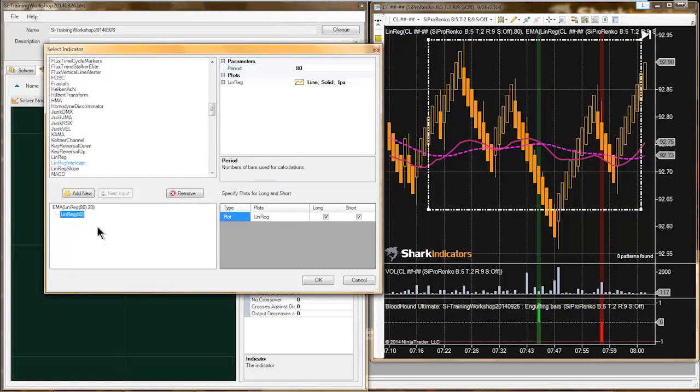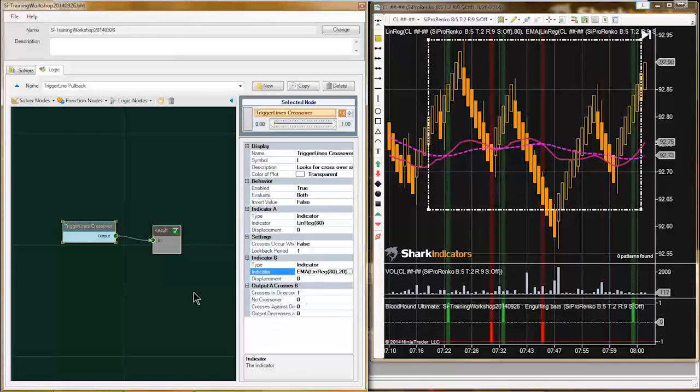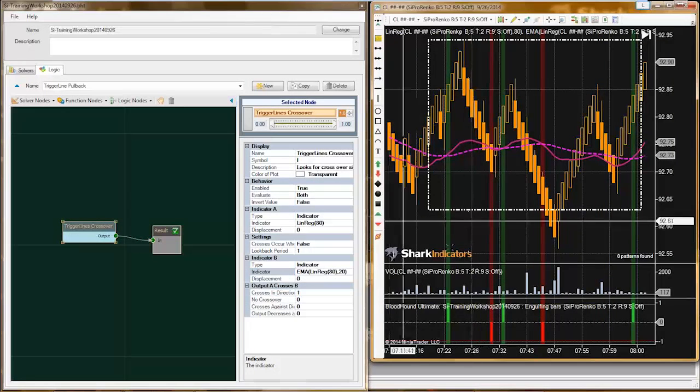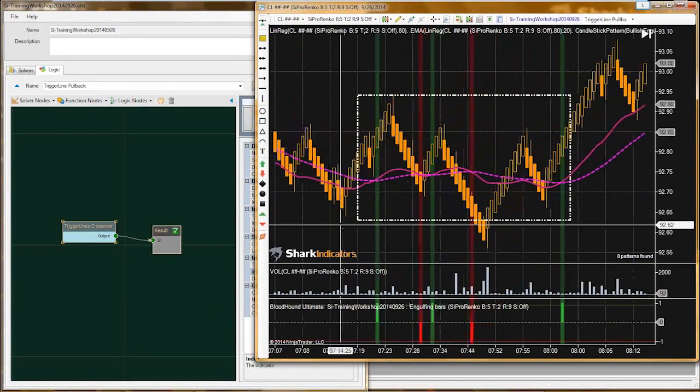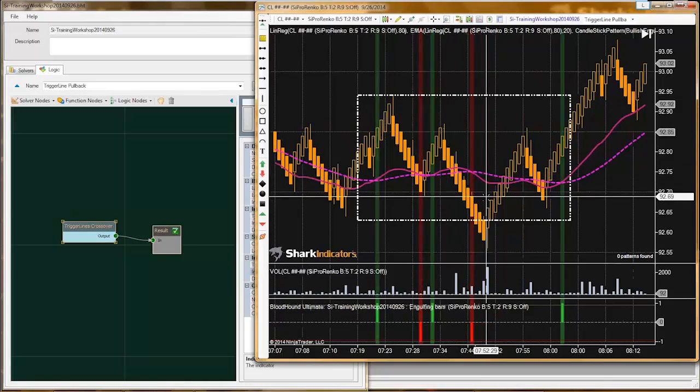So there we go. All right, if we look at how this reads here, it's the linear regression 80 fed into the EMA 20. So there's that, and bingo. And as we look in our chart, we can see all those crossovers are marked now.